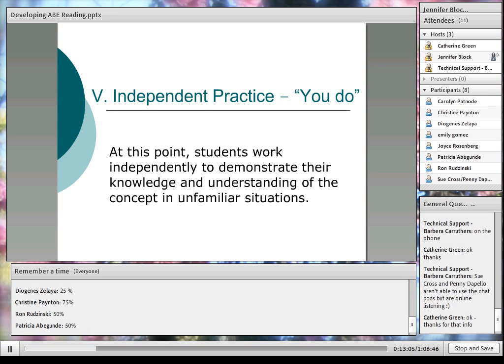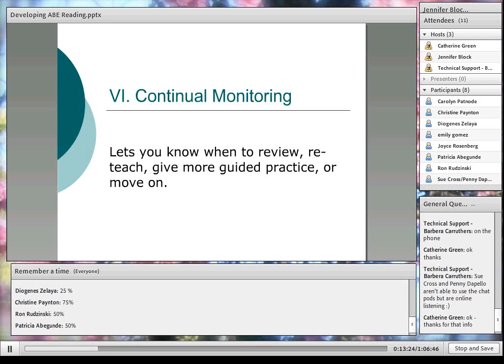At this point, students work independently to demonstrate their knowledge and understanding of the concept in unfamiliar situations. So we're expecting some level of mastery here, and that they will be able to take the concept that they've learned and actually apply it. Okay.